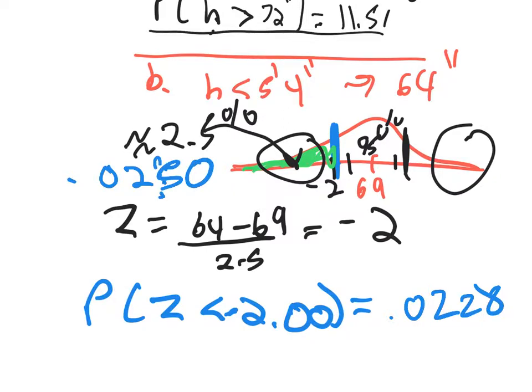Obviously, that's not the accurate answer. This is more accurate. And you know what's even better than the table? The calculator. So we went from good, the empirical, better is the table. In a couple of minutes, we'll do the best, the calculator. All right, we've got to finish these though.